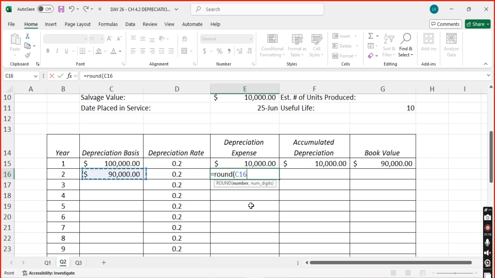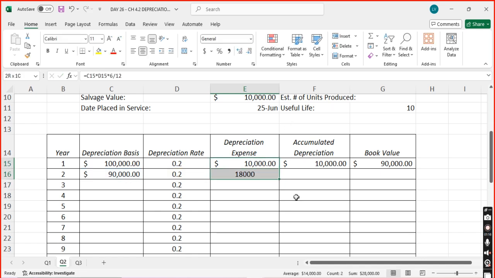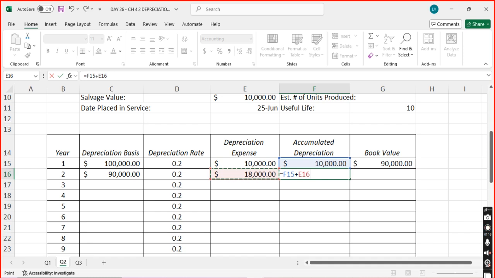Okay, so again, it's going to be depreciation basis of 90,000 multiplied by the rate of 20%. So in this case, that gives you 18,000. So if that gives me 18,000, then what is my accumulated depreciation for the second year? $28,000, right?